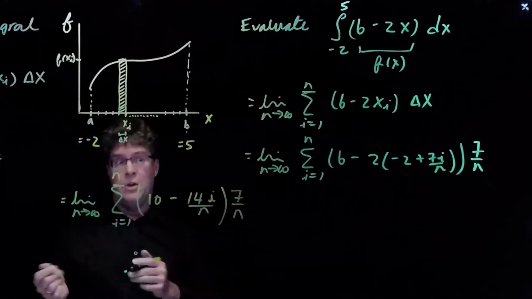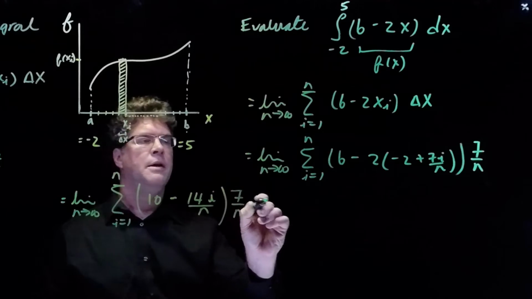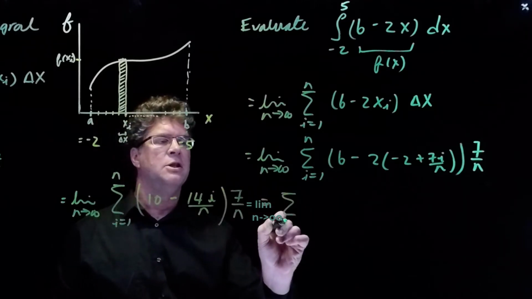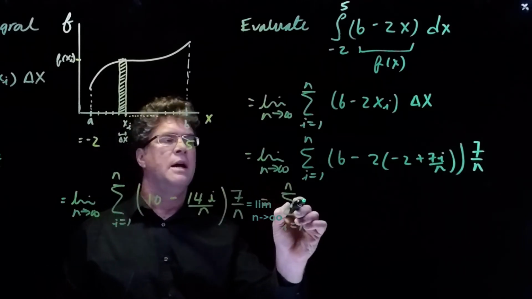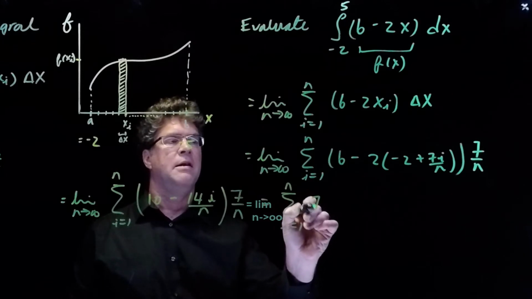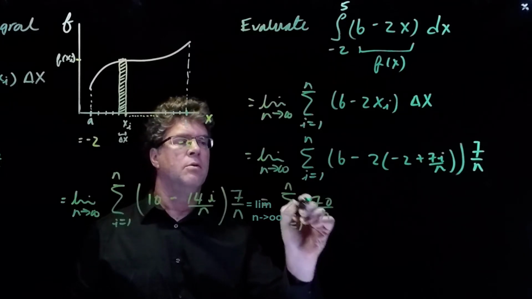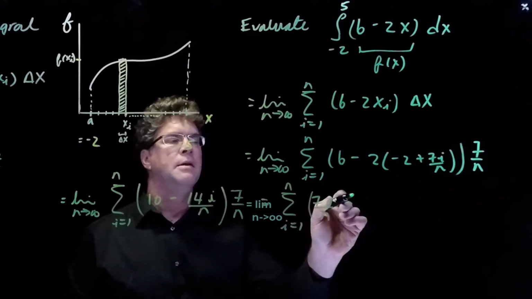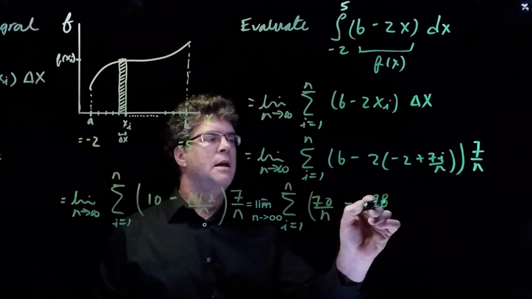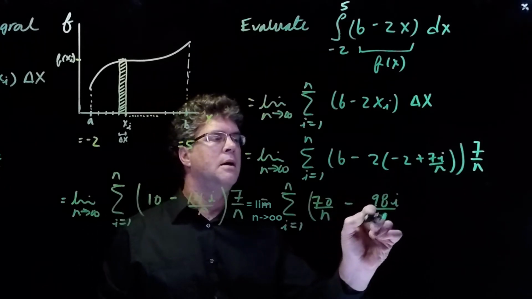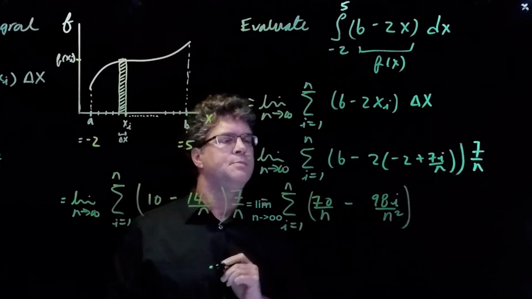We can multiply through by the 7 over n and write that as the summation i going from 1 to n of 70 over n minus 98i over n squared.